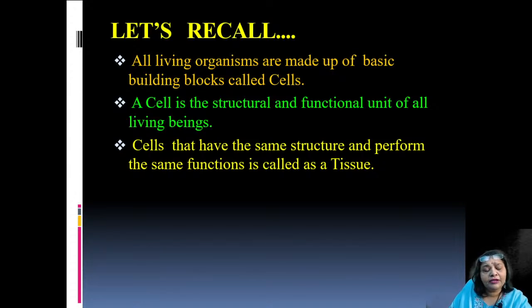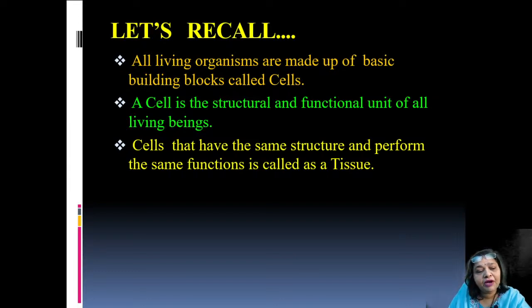Slowly, there were certain modifications, certain advancements in the structure as well as functions, and the cells started showing changes and they started having the eukaryotic organization, wherein the nucleus played a very important role along with all the other cell organelles, may it be plant cells or animal cells, right?